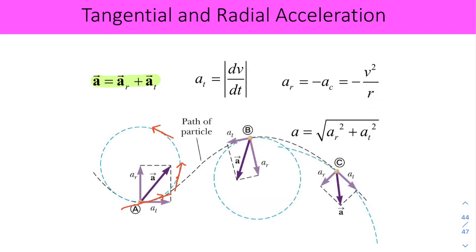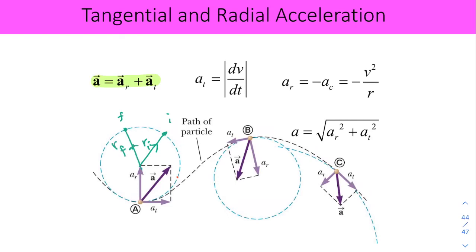r is always away from the center of the circle. Let's say the object is at this point. The r will be in this manner, the r initial, let's say. Now the object moves to the second point. This is the initial point, this is the final point. Now the object has r final.